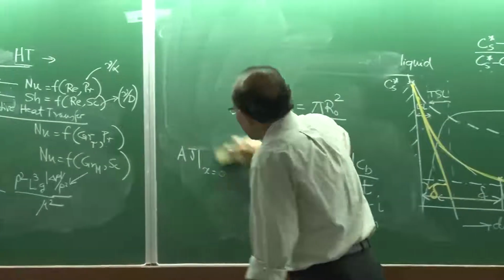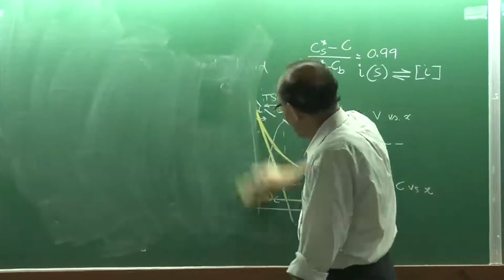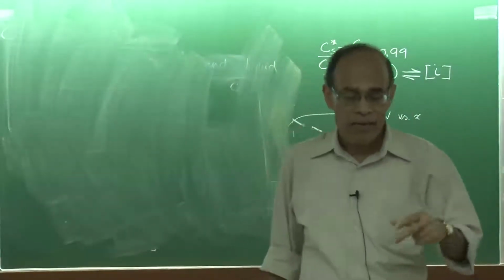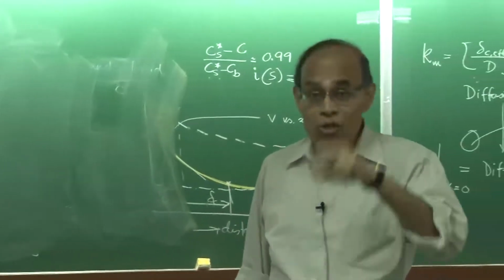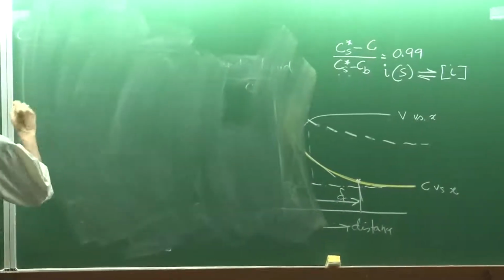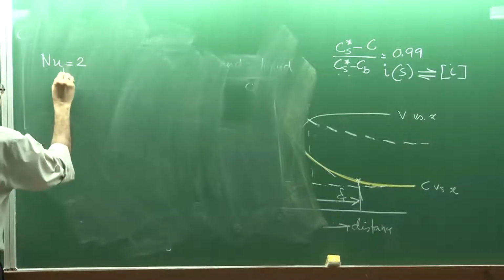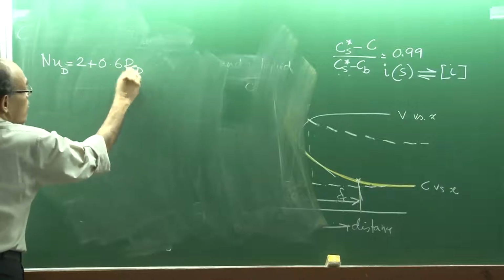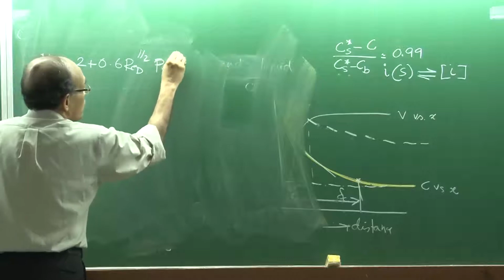Same type of correlation. For example, in heat transfer, for a spherical geometry, I have demonstrated that for the pure diffusion case, the Nusselt's number is equal to 2, and I have also demonstrated that the Sherwood's number also becomes equal to 2. Now, for forced convective heat transfer, I have shown that the diameter based Nusselt's number is equal to 2 plus 0.6 diameter based Reynolds number raised to the power half into Prandtl number raised to the power 1 by 3.